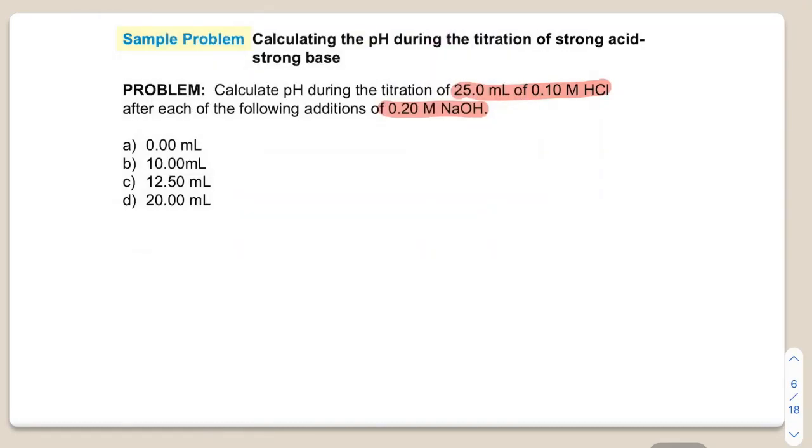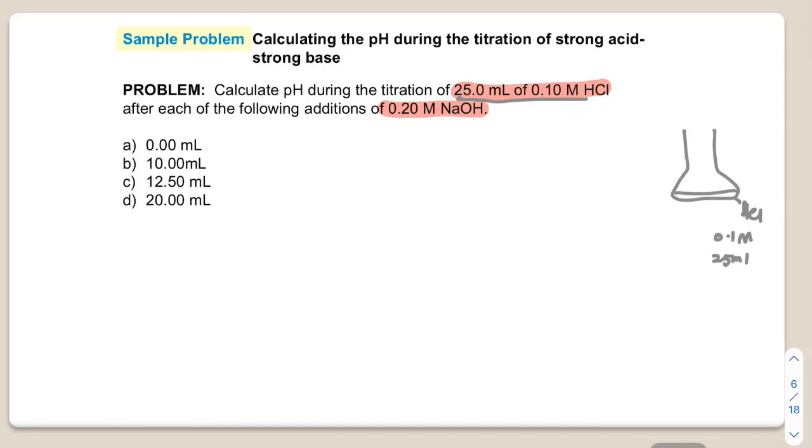So let's illustrate what happens during this reaction. Since we know the amount and also the concentration of the HCl, normally it is the substance in a conical flask. So in this conical flask, we have HCl with a concentration of 0.1 molar, and the volume is 25 ml.